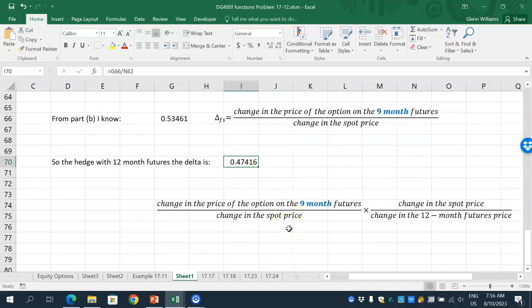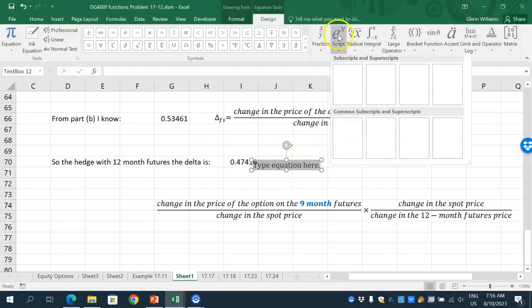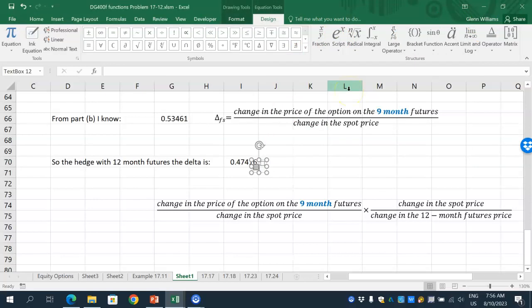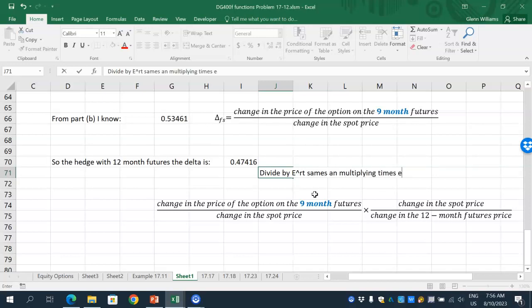By the way, if you're looking at the solution in the textbook, this really threw me off for a while, and I just couldn't understand what they were doing here. Remember that if you divide by e to the RT, that is the same as multiplying times e to the minus RT.